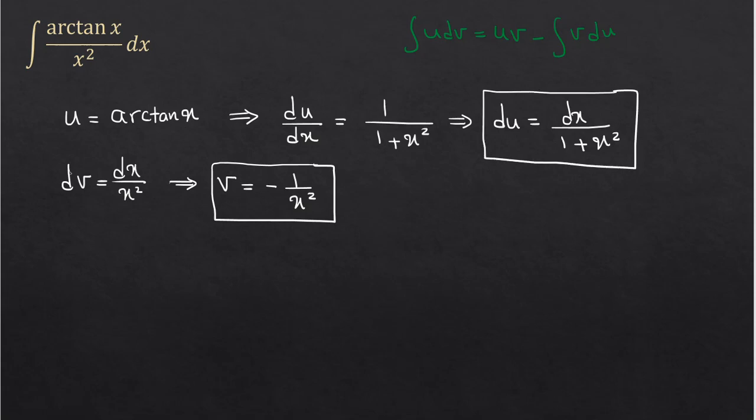Now I can write that the integral of arctan x over x squared dx is equal to uv.